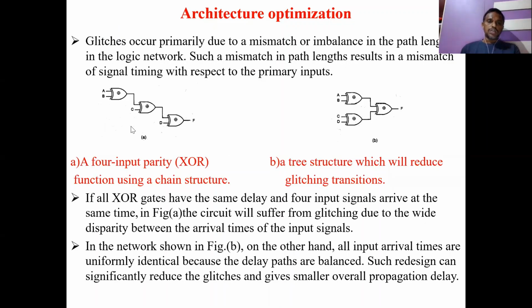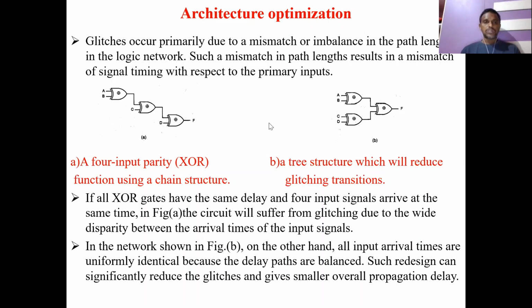Instead, we can make these changes to this circuit. I will consider two gates, AB and CD, and give the output of these to another gate, so that the same output is provided in both cases. But there is a greater possibility of obtaining glitches in the first circuit compared with the second circuit.